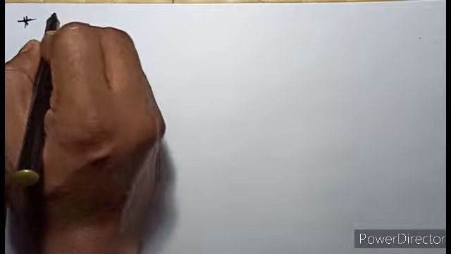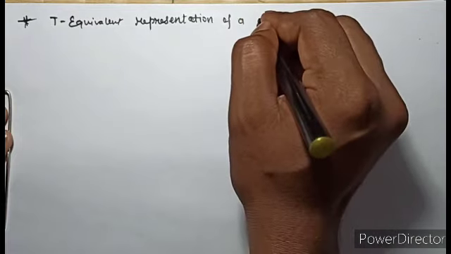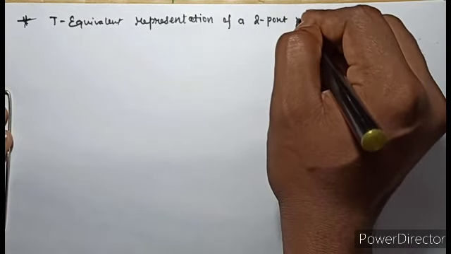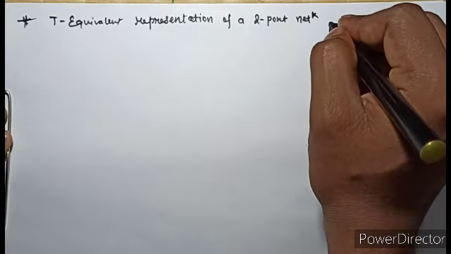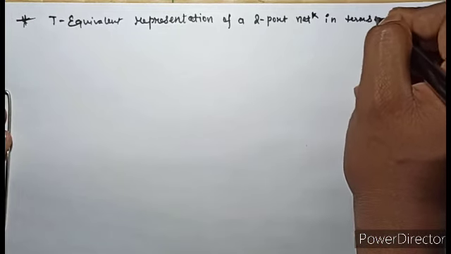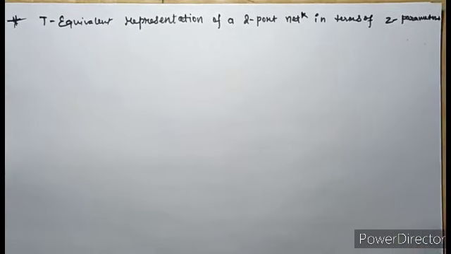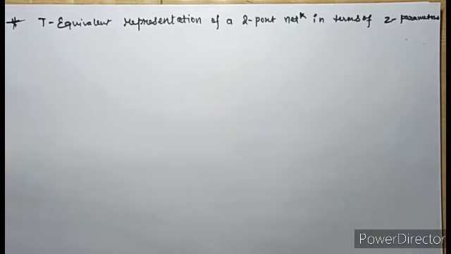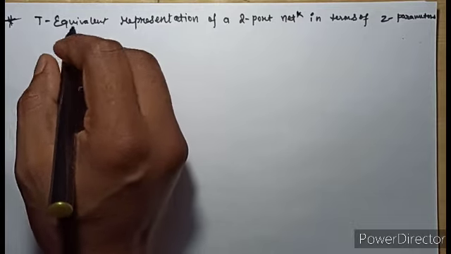The T equivalent representation of a two-port network in terms of Z parameters. Basically, we already discussed this in our previous lectures, but here also we will see.